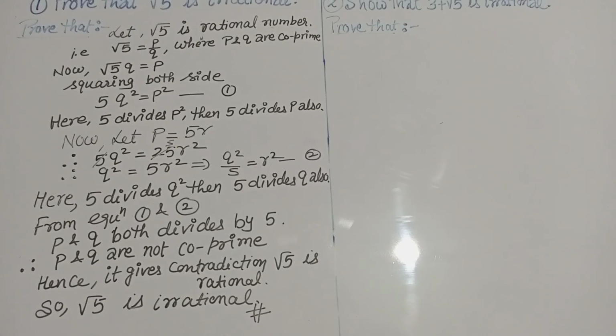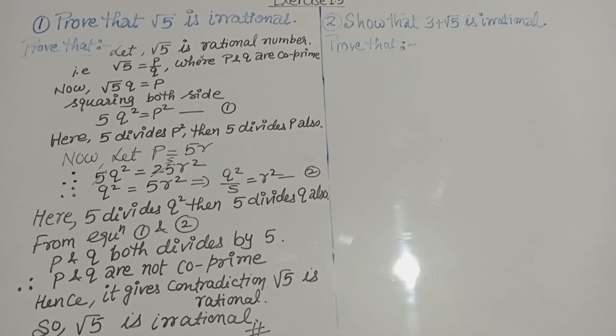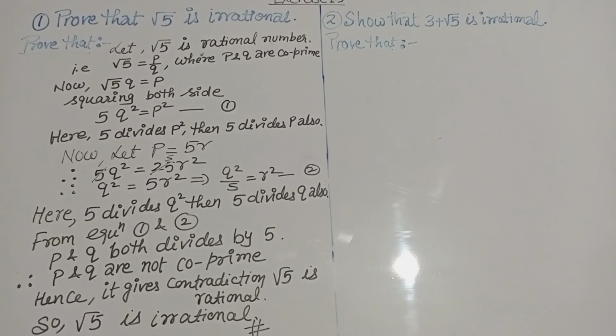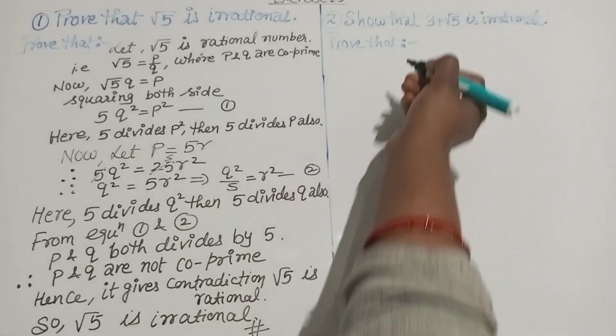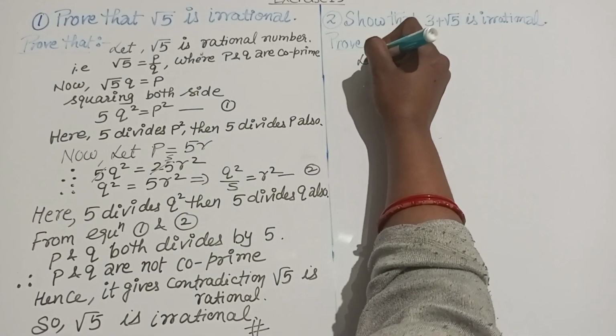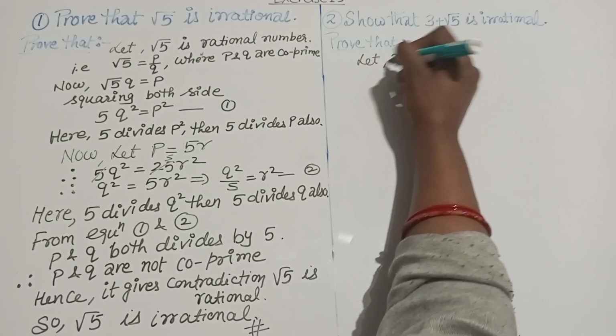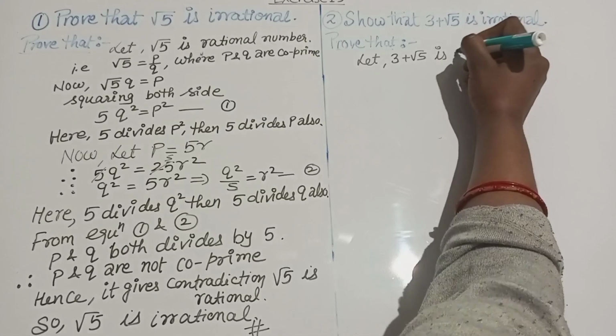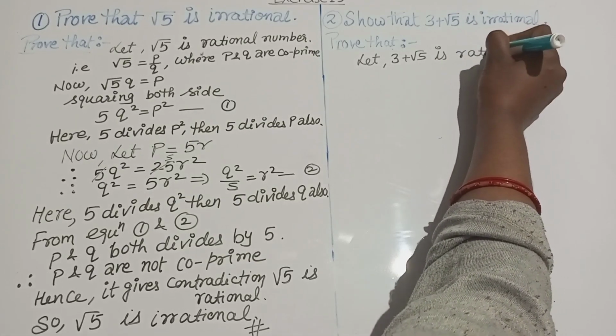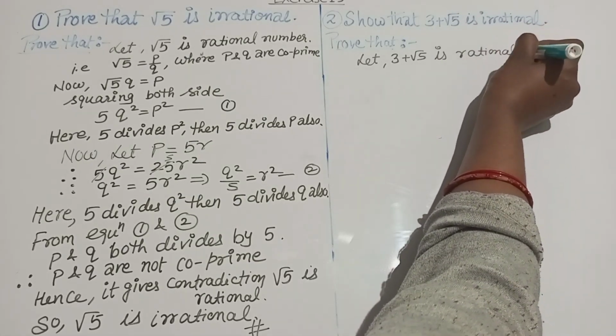Now question number 2: prove that 3 plus root 5 is irrational. Here we have said that root 5 is irrational. Now let 3 plus root 5 be rational.